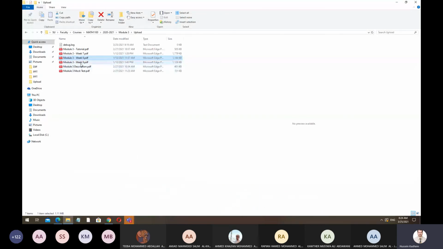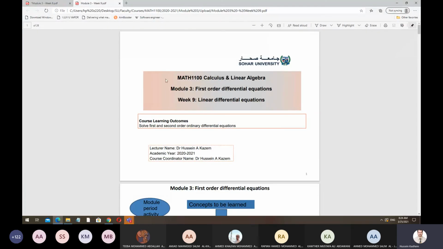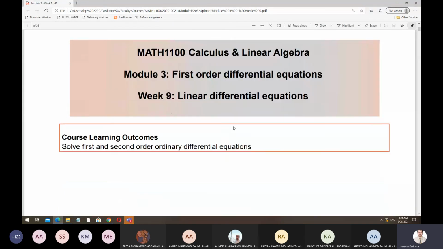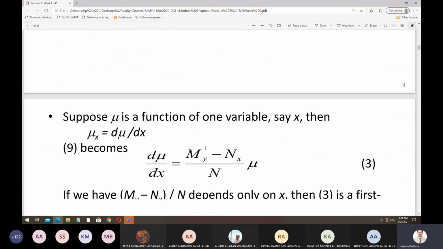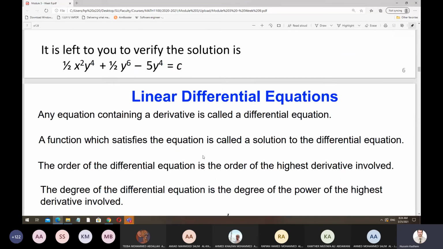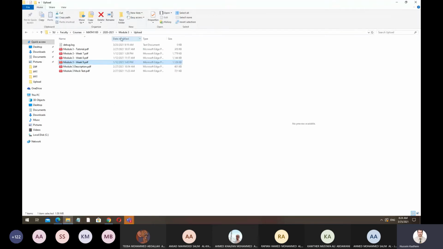So if it is clear, I will try to pick a problem from the next lecture. Just a minute. If I have one problem here, I will pick it. Linear. No, I don't have. Let me pick from the book. Okay, just a minute. It's not here. Where can I find this?